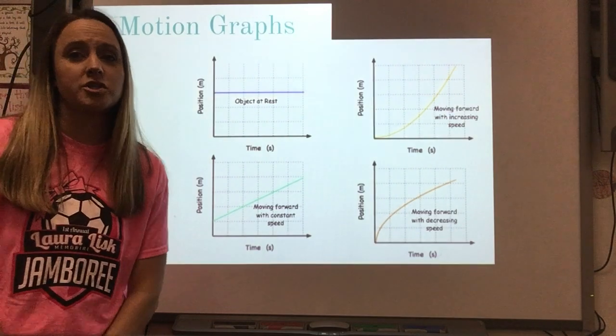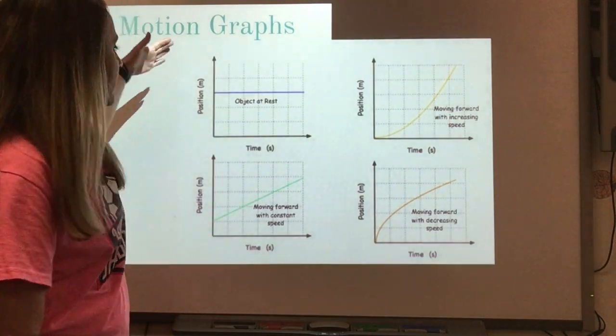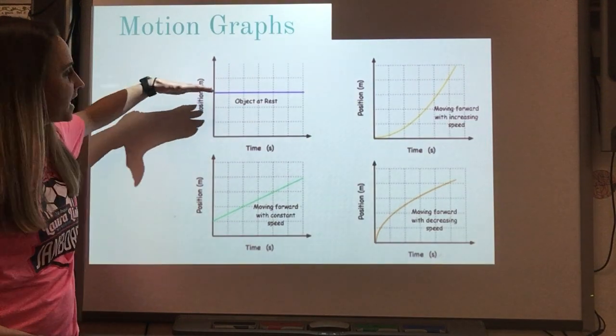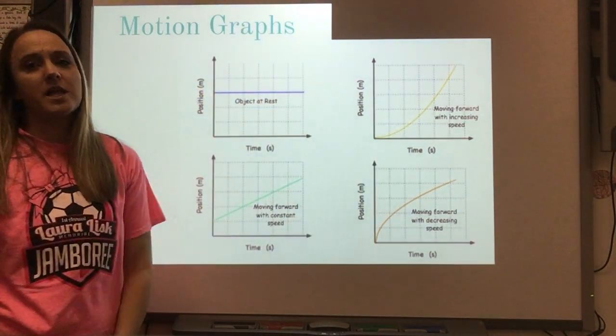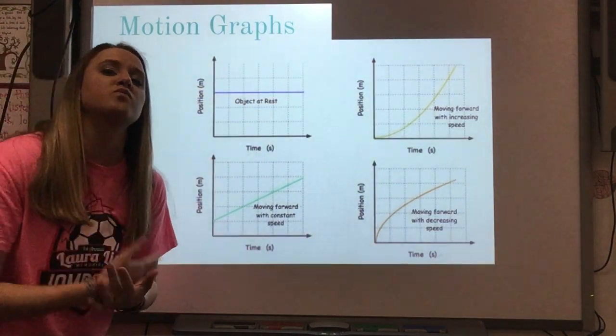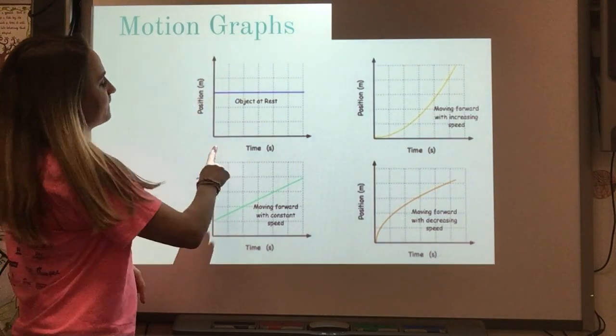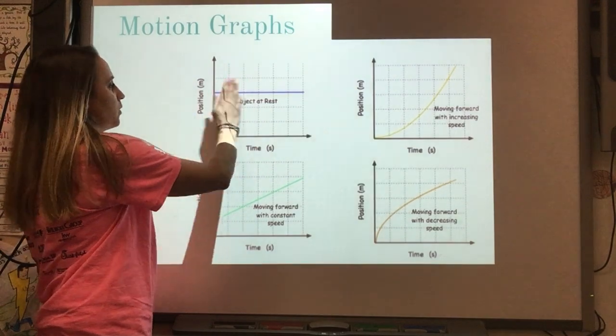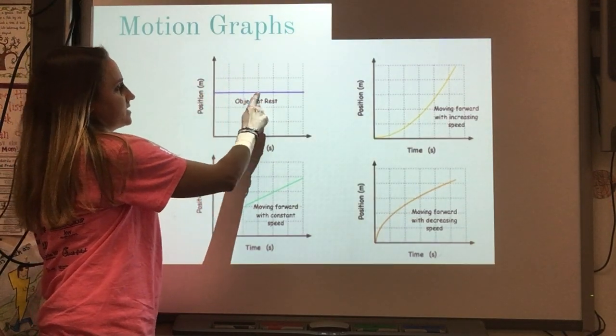All right, motion graphs. When you have your time and your distance, if you've got a straight horizontal line, that means that the object is at rest. It is not moving, because whether it be at 5 minutes, 10 minutes, 20 minutes, whatever, it is still in the same position.